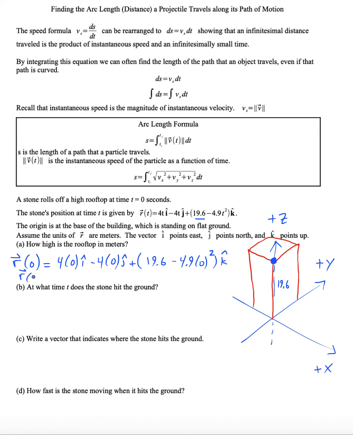And we get r of 0 is equal to 19.6 k. So it's 19.6 meters off the ground at the start.